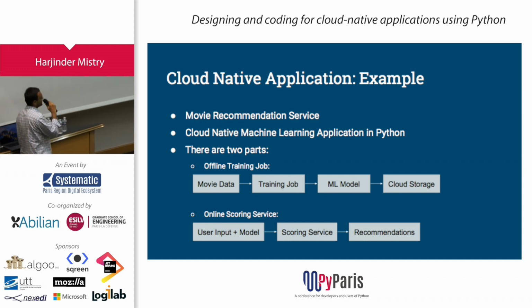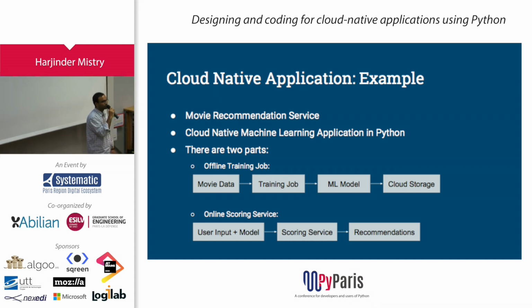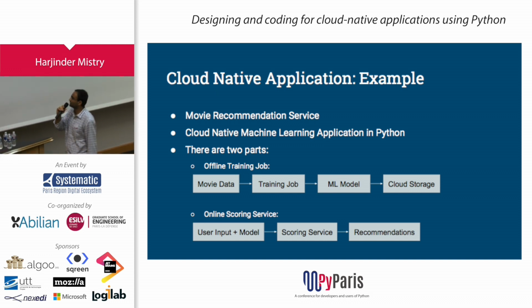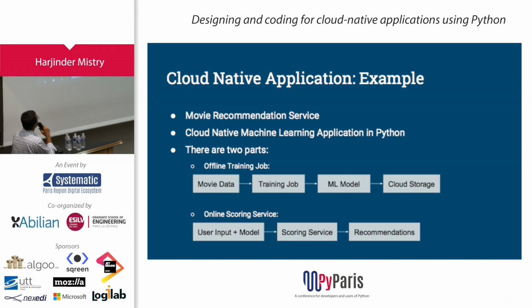One is an offline training job, which takes movie data, trains a machine learning model, and stores it in the cloud storage. The second part is an online scoring service, which takes that model from the cloud storage and scores the given user input and generates the recommendations.